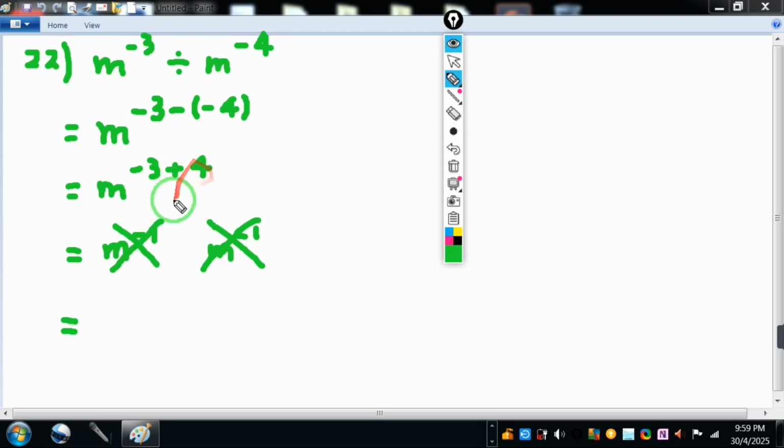So addition comes first. So the addition is plus 4. The plus is understood. No need to write the plus. And then after that, you come to the subtraction, the last part. So 4 minus 3. Everybody will know it is M to the power of 1.